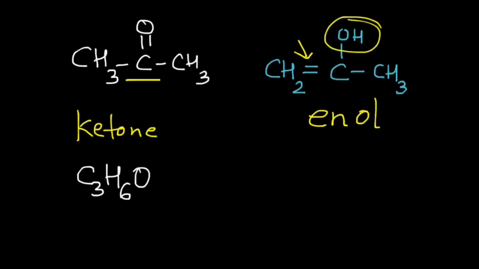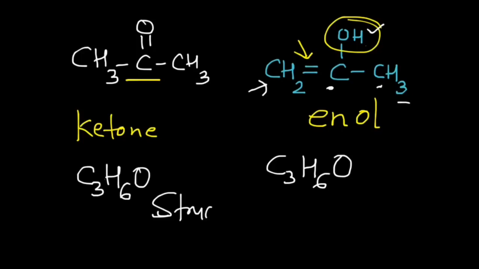And on the right hand side, if you look carefully, you have 1, 2 and 3 carbon atoms, 2 plus 1 here, 3 and 3, 6 hydrogen atoms, and 1 oxygen atom. So the molecular formula for these two compounds are same, but their structures are different. So they are structural isomers, right?